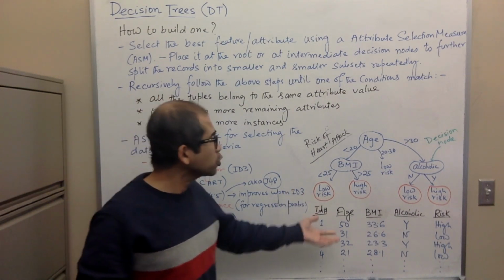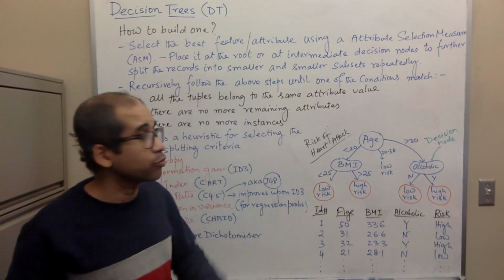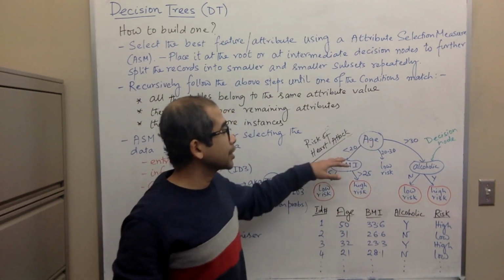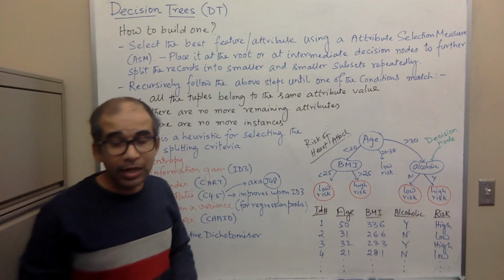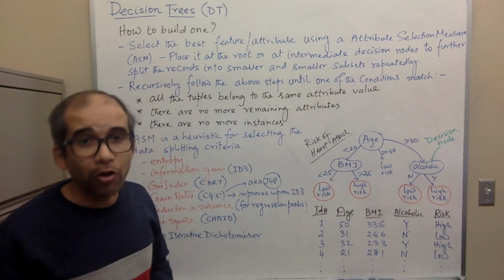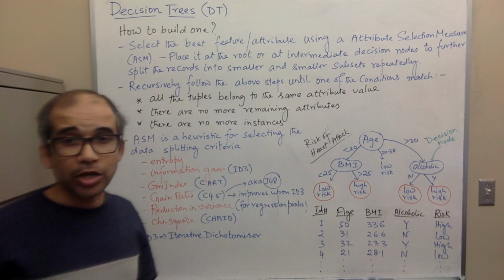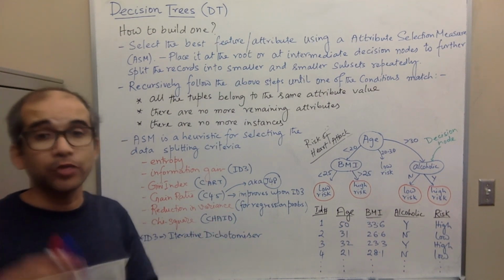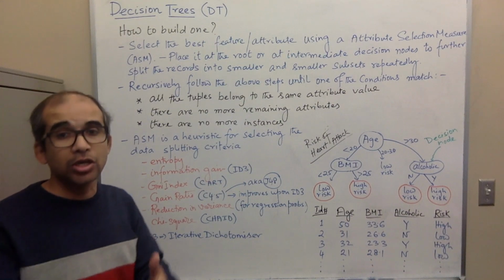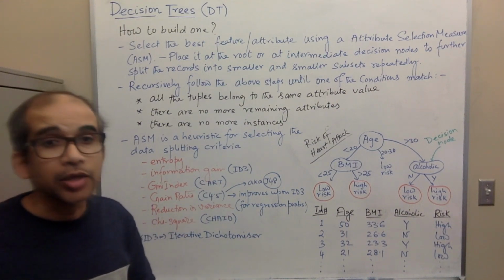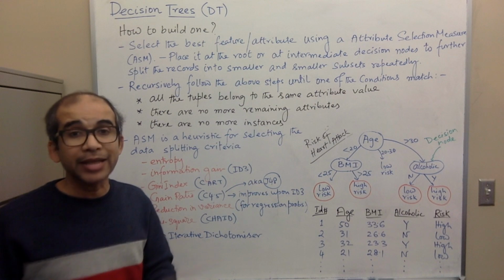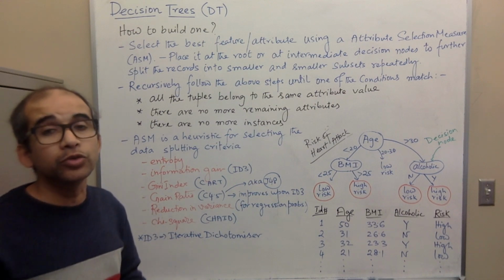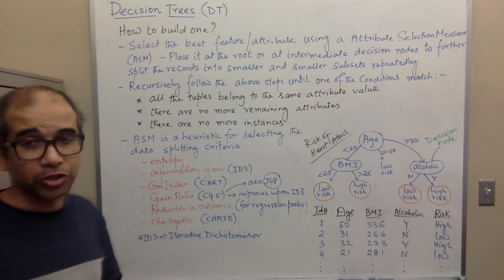In that case, how do we find which is the best attribute, which should go in the root level, at the next level, or any other decision level? That is a very important thing. To build a decision tree, the major decision we need to make is which attribute should be chosen next to split the data. To select the best attribute, we use attribute selection measures, or ASM.